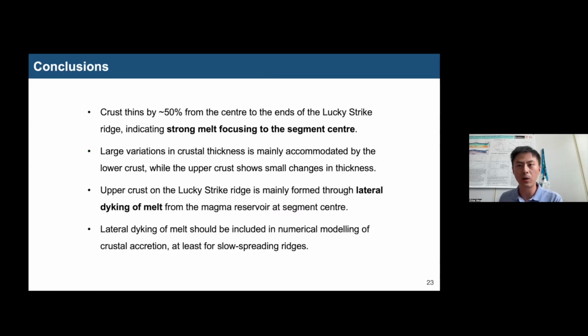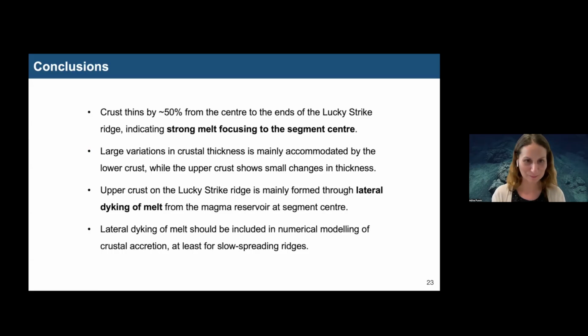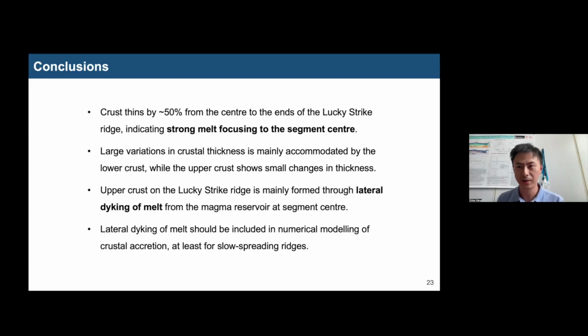So here I summarize and conclude my presentation. On the Lucky Strike ridge segment, the crust thins by 50% from the center to the ends, which indicates strong melt focusing to the segment center. The large variation in crustal thickness is mainly accommodated by the lower crust, because the upper crust has very small variation.